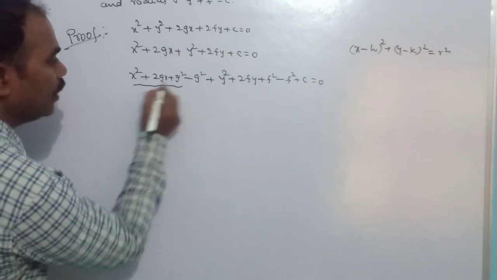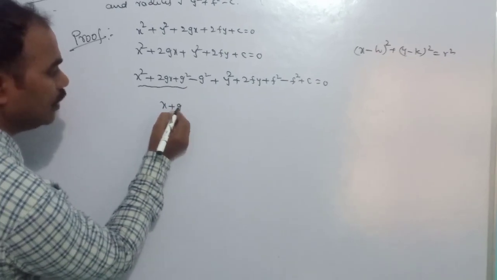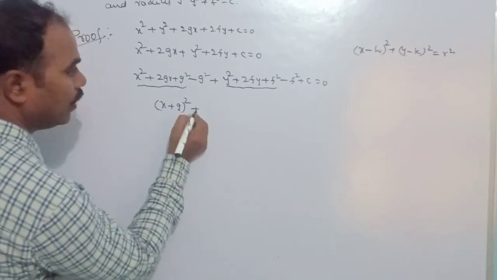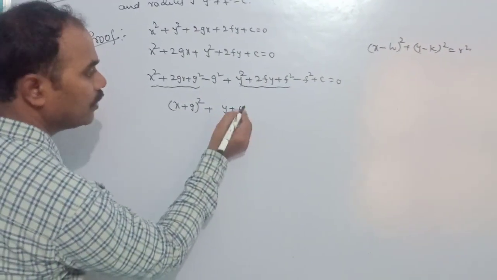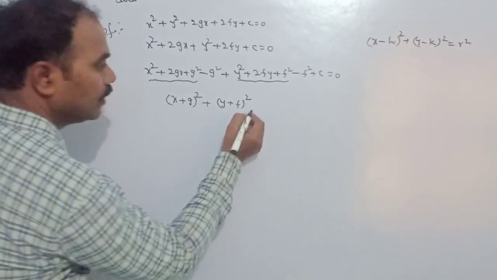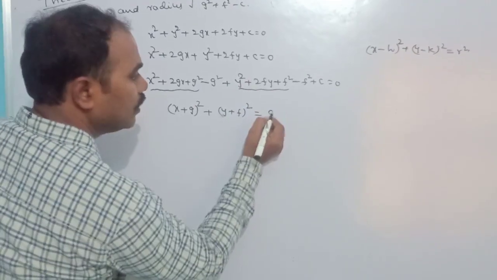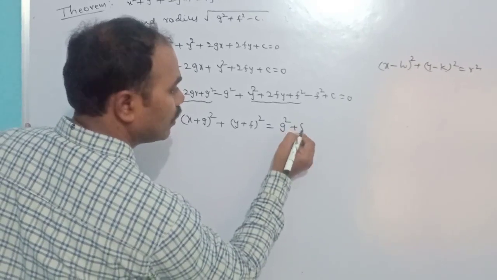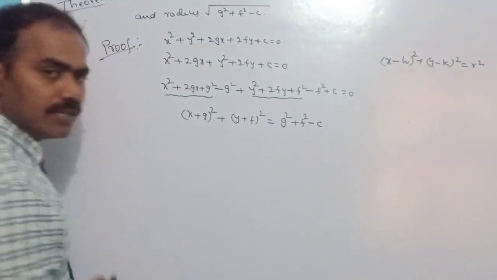From here to here we write (x plus g) whole square, and from here to here we write (y plus f) whole square, which equals, shifting these terms to that side, g square plus f square minus c.